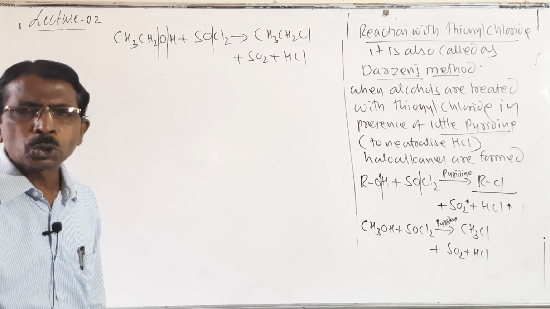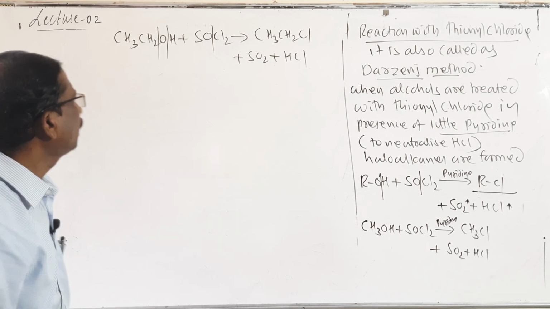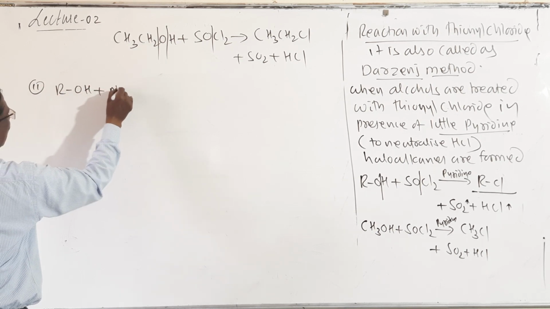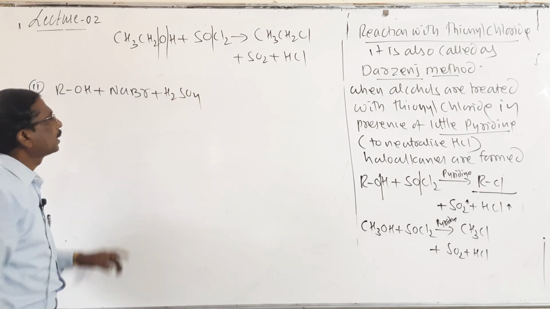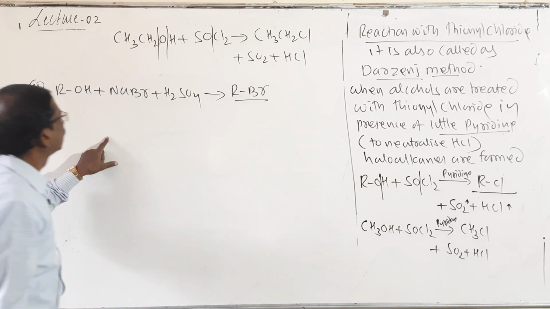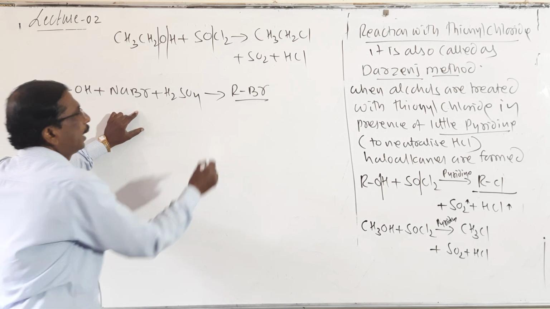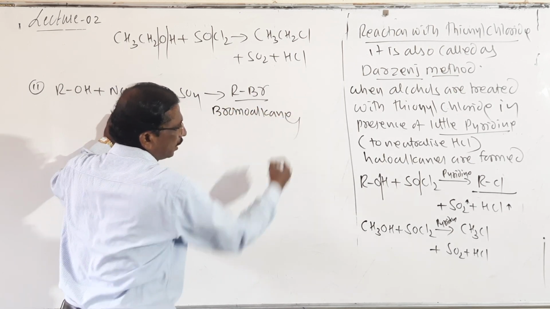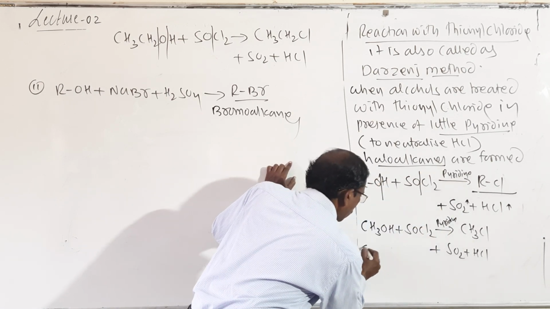And here students, another method is there. When alcohols are treated with bromide salt, that is the second one, NaBr in presence of H2SO4, it forms RBr, bromoalkanes.